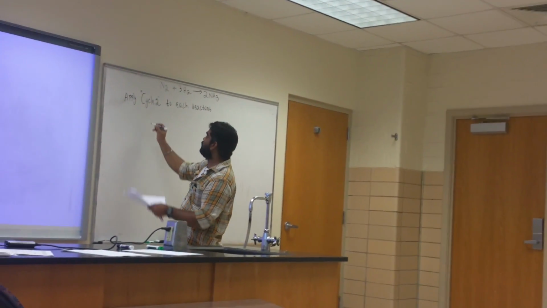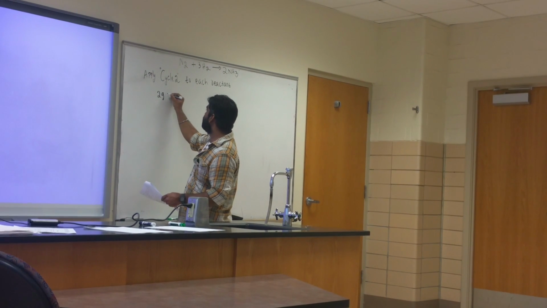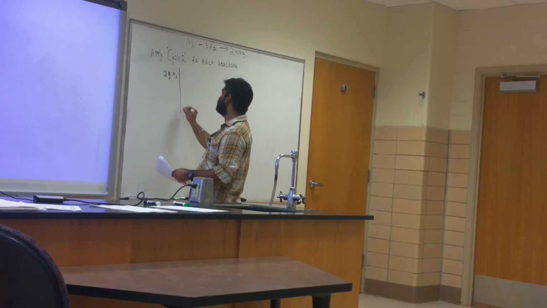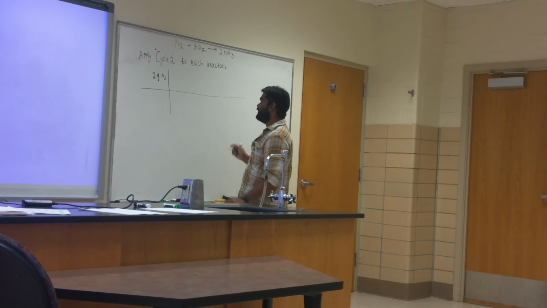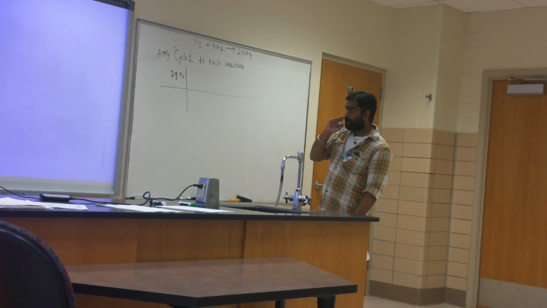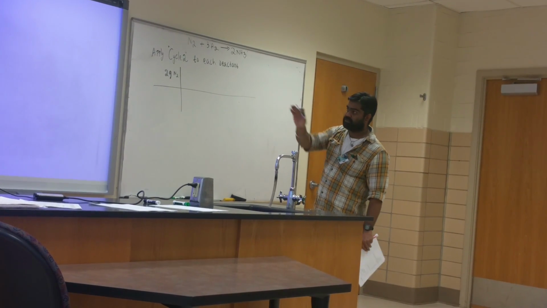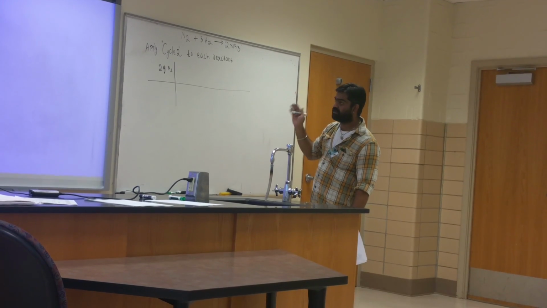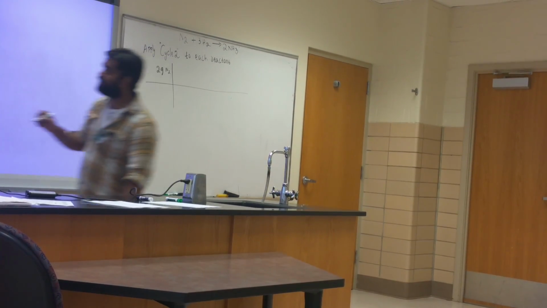So we're going to start with 2 grams of N2. That's the given information. Okay, and we're going to go up to moles, stoichiometric ratio, and then let me actually put a star here.